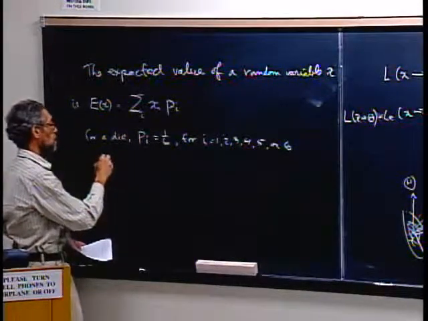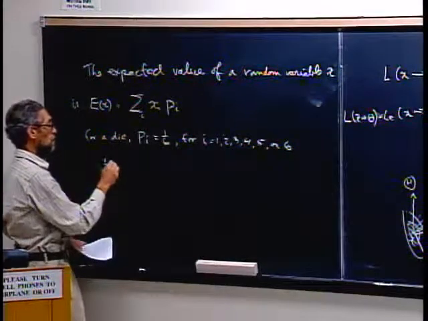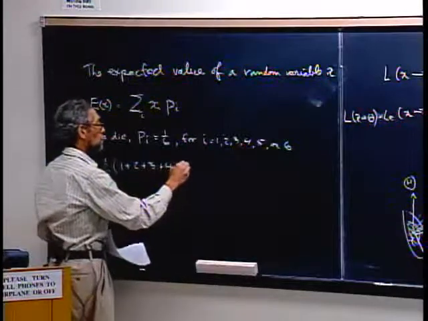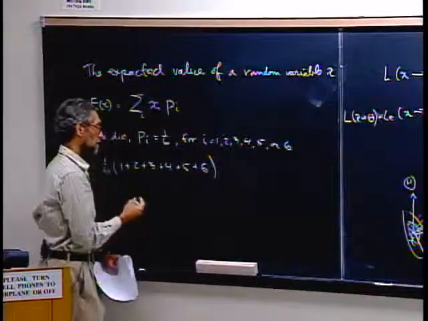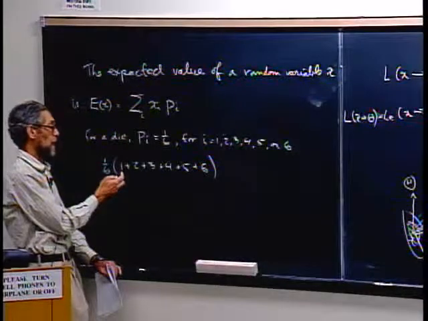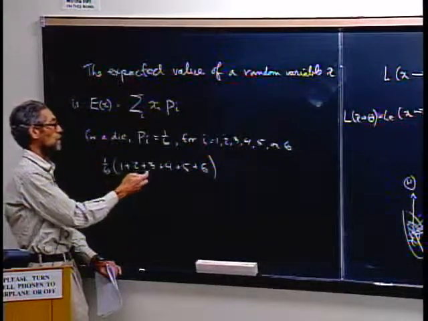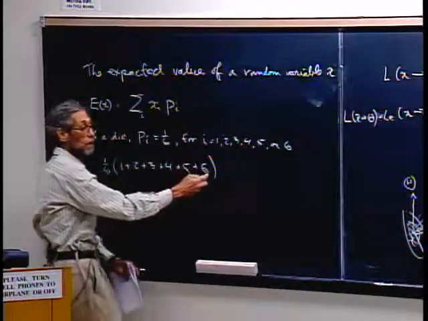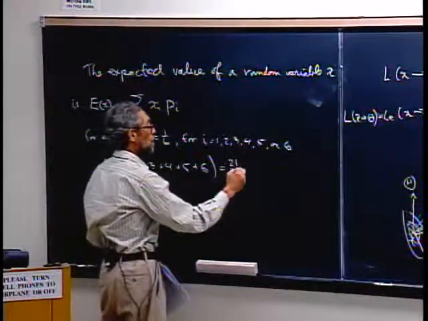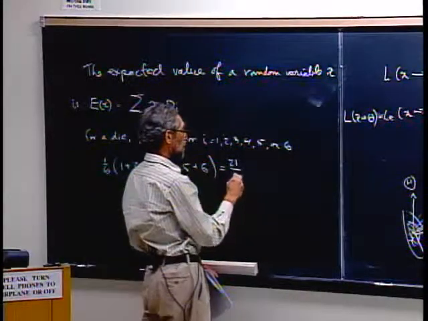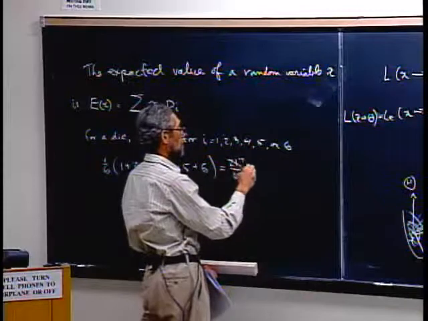And so it's going to be 1/6 times each of them, 1 plus 2 plus 3 plus 4 plus 5 plus 6. There's a formula for adding the first 6 consecutive numbers. For this many, it's just easier to add them. 1 and 2 is 3, and 3 is 6, and 4 is 10, and 5 is 15, and 6 is 21. So we have 21/6, which is, I guess I can cancel a 3 out of this and a 7.